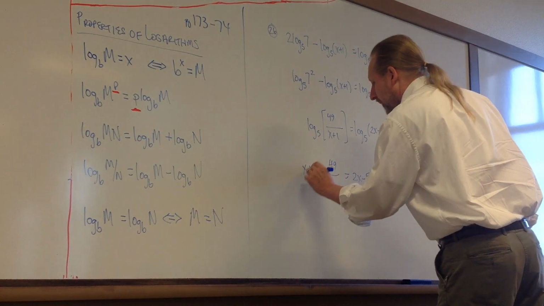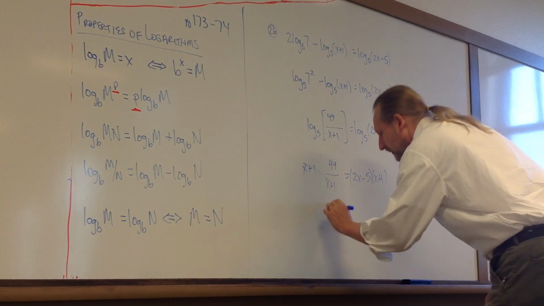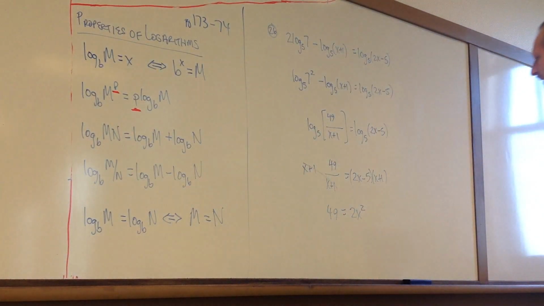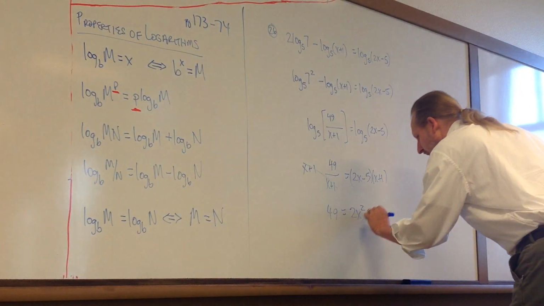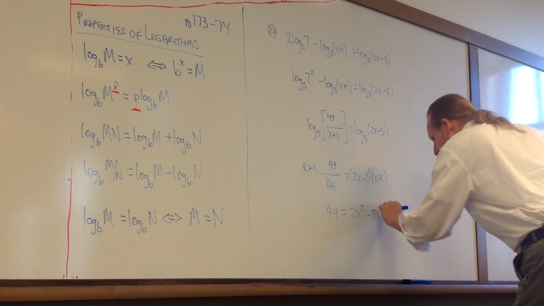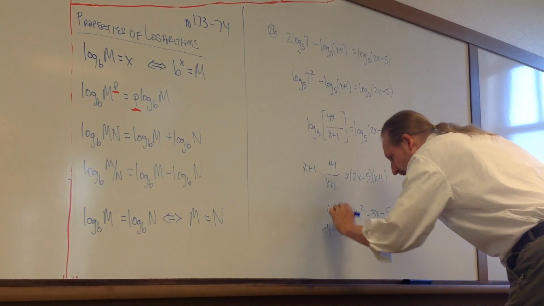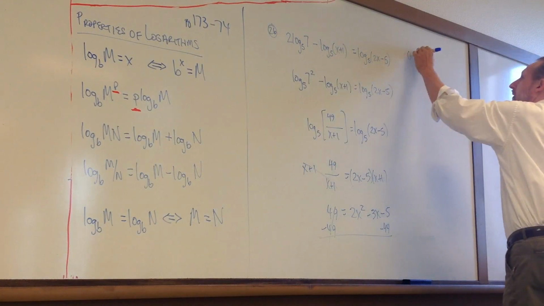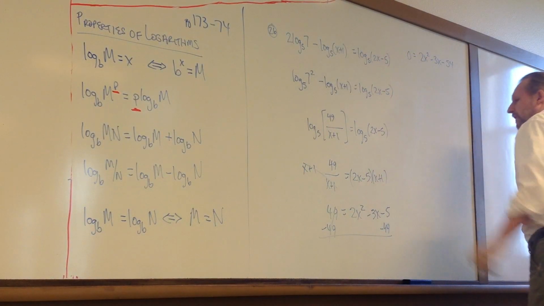And then we'll multiply on both sides by x plus 1. Those cancel. 49 is equal to, let's see, 2x squared minus 5x plus 2x, so that's minus 3x minus 5. Move the 49 over here. And so now we get 2x squared minus 3x minus 54.